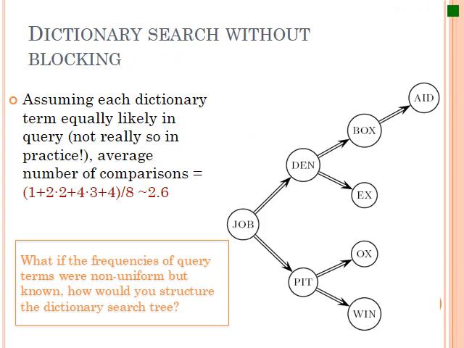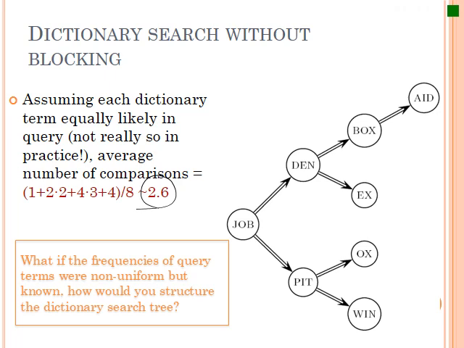Anyway, this is the dictionary search without blocking. Without blocking, every term is a node in the tree. So if you want to search for a particular node, assuming that you have a balanced tree, it takes only this many comparisons, roughly equal to 2.6 comparisons to get to a term.